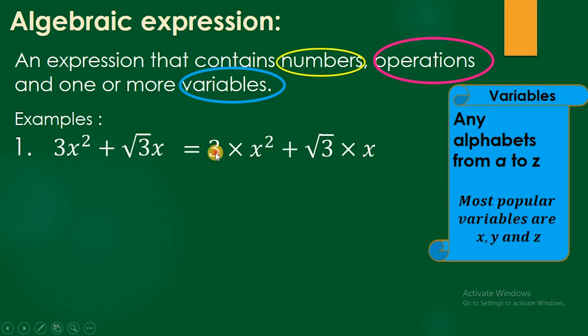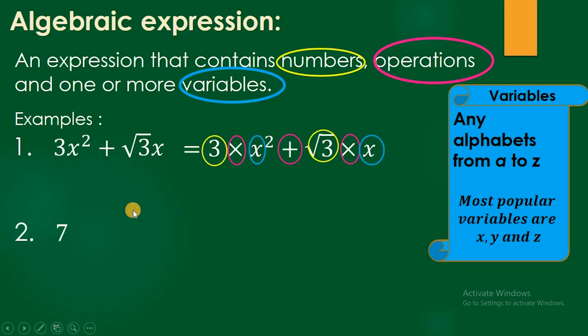Here we have 3 and root 3 as numbers, and multiplication, addition, and multiplication are operations, and we have x and x as a variable. We have only one variable, that is x. So this is an algebraic expression in one variable.